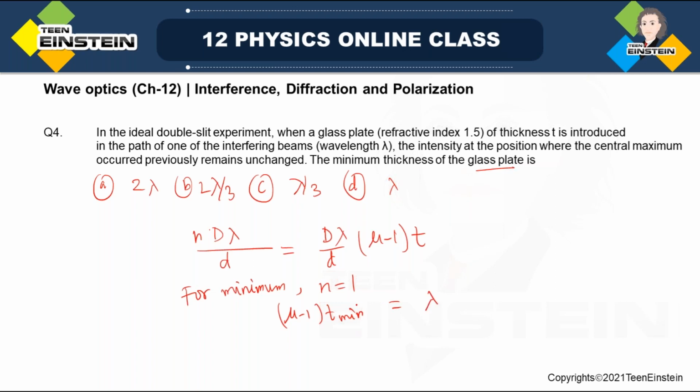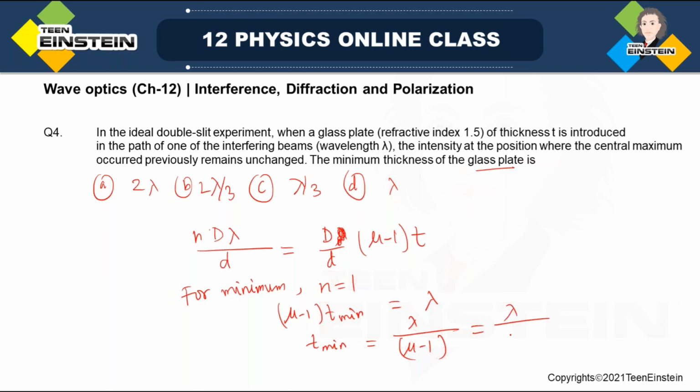So t minimum will be lambda by mu minus 1.